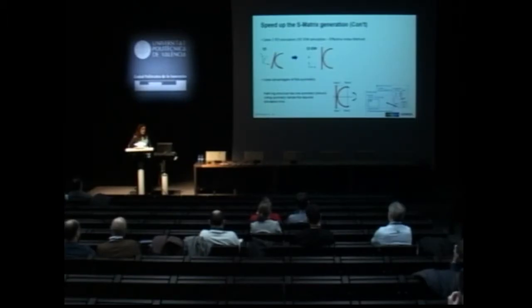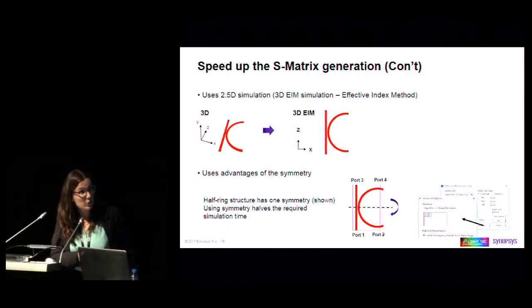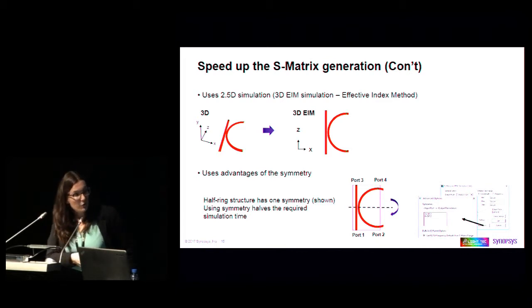Another advantage that we are using inside RSoft is the symmetry of the component. If the component has an axis of symmetry, like a ring resonator, we can simulate and generate the S matrix on half the domain. That's also a way to increase the speed of computation.